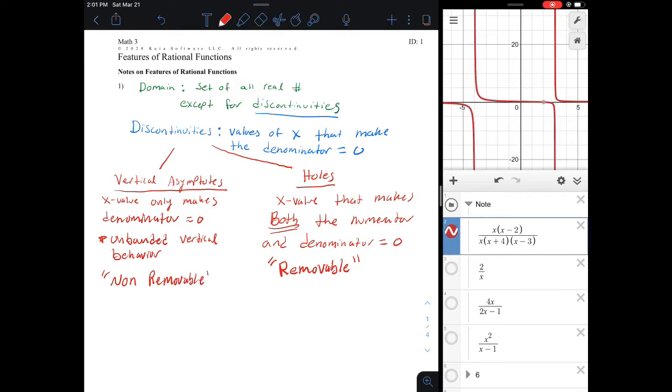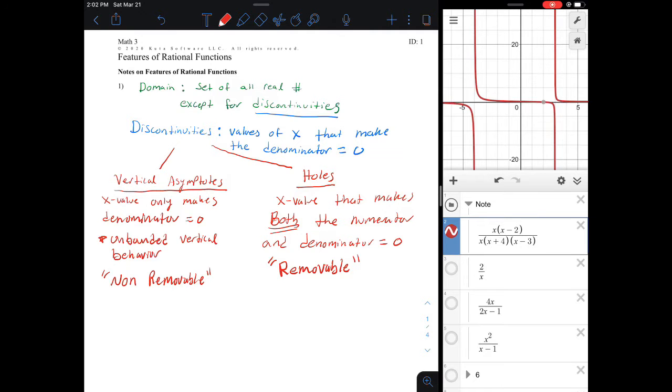In fact, vertical asymptotes are also called infinite discontinuities because they approach positive or negative infinity. And so that's how we define our domain. We find our discontinuities, what makes the denominator 0, and we start constructing intervals around those values. We can also classify discontinuities as either vertical asymptotes or holes for these rational functions.